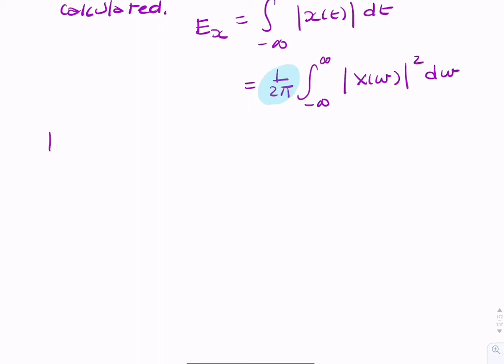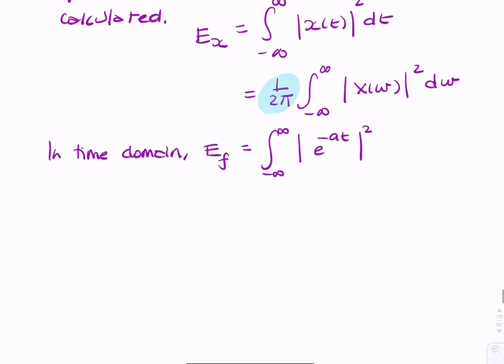So in the time domain, the energy, I won't use x, I'll say Ef, because the signal is called f of t, is the integral from minus infinity to infinity of e to the minus 2at dt.